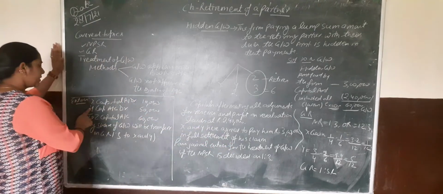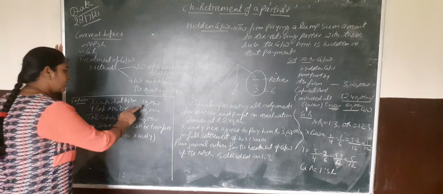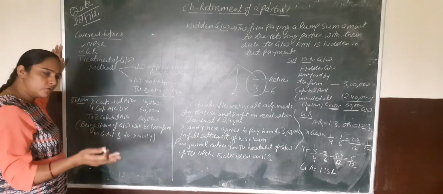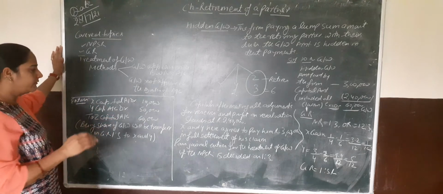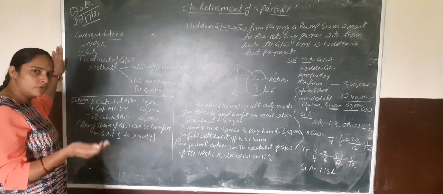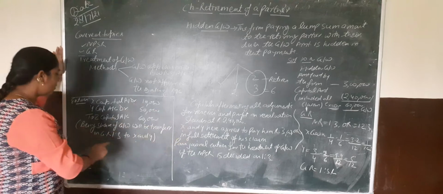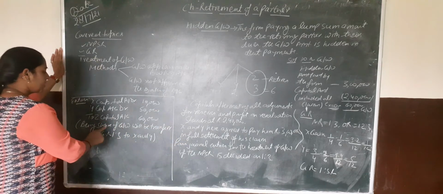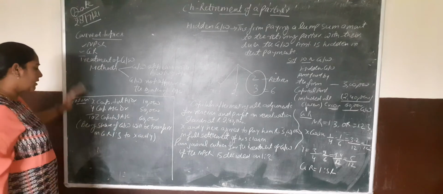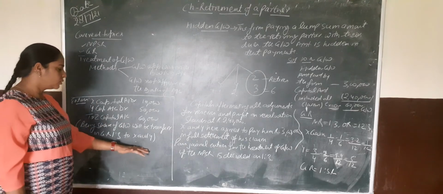So X will gain 10,000 rupees of goodwill, and Y will take 50,000 rupees of goodwill according to the gaining ratio, and to Z capital account 60,000 rupees. Being share of goodwill transferred in gaining ratio to X and Y.